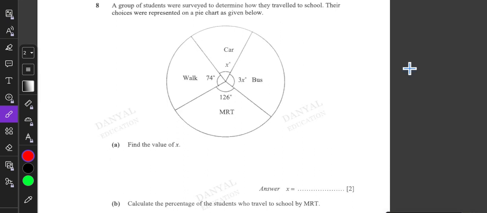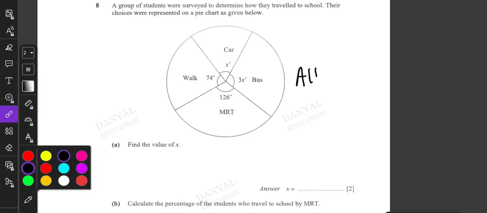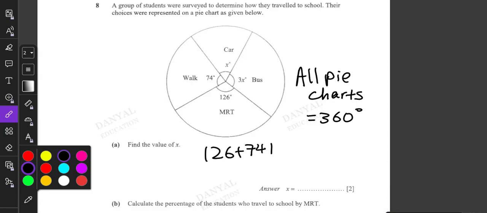So you need to know that all pie charts are always 360 degrees. All the things inside are 360, so you need to do 126 plus 74 plus 4x equals 360. Plus x plus 3x will be 4x.